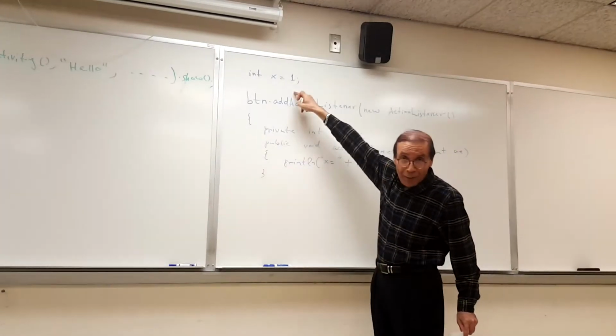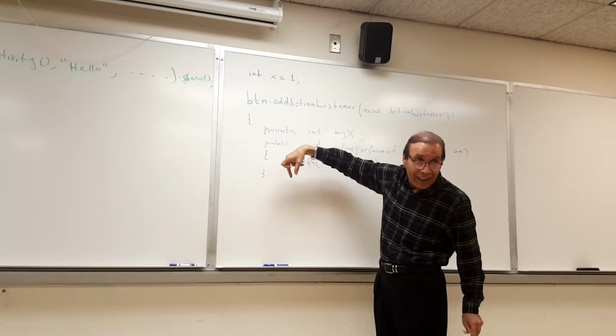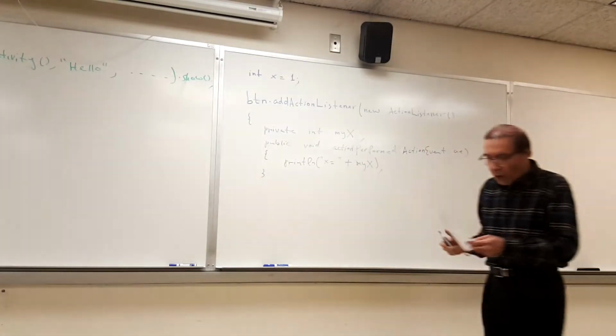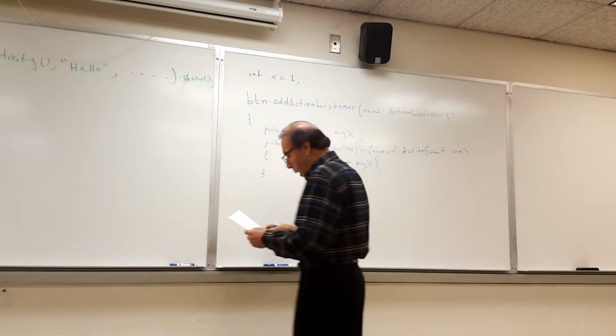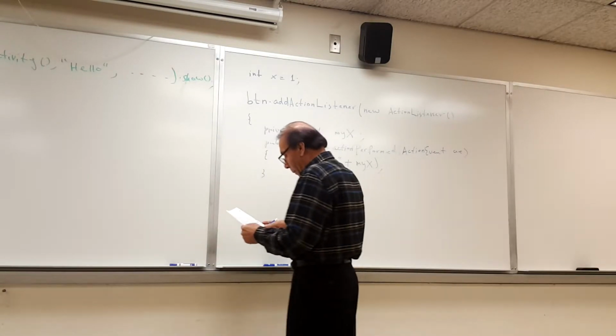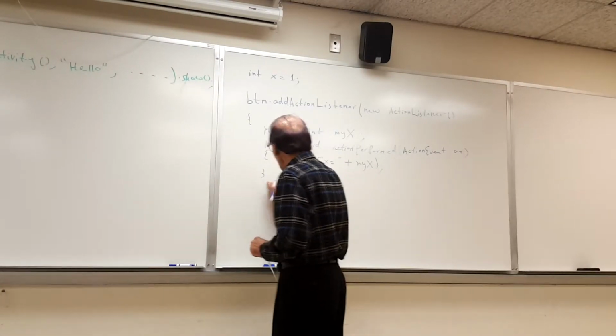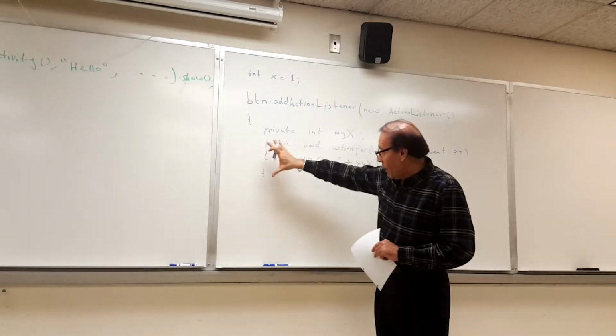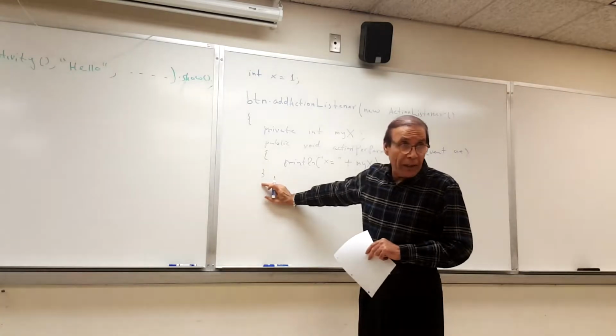So students had a problem of passing this to the inner class. Now let me show you. There are several tricks. I'm going to show you the way that I do it. The point is now right over here in this inner class, I'm going to make a setter.